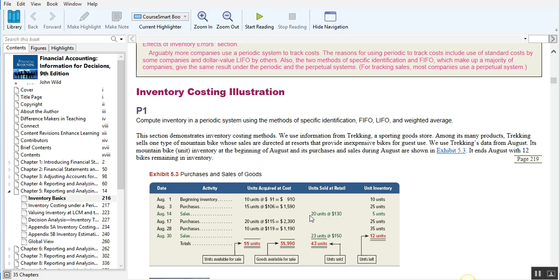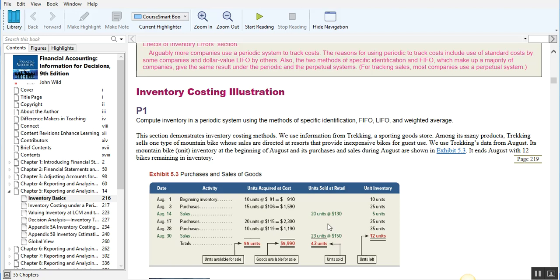So we have 20 units that we sold at $130 each. We started with 10 units, we added 15, we have 25. We sold these 20 units, and we have 5 units left.